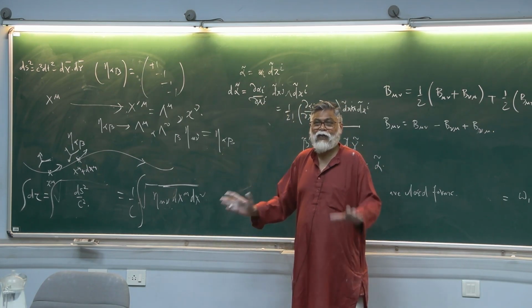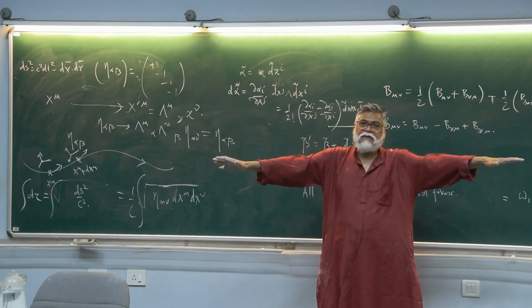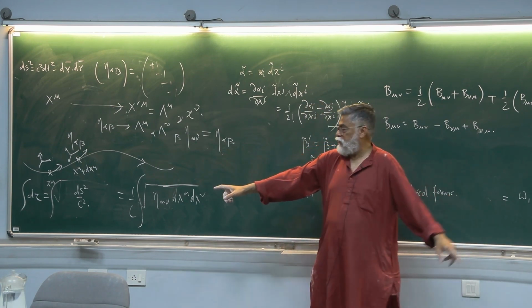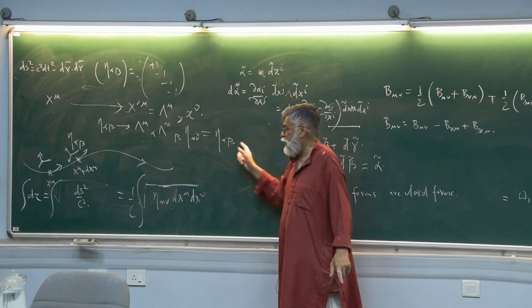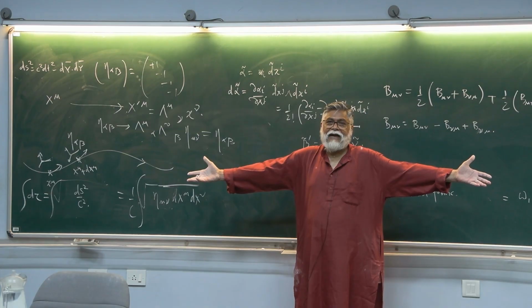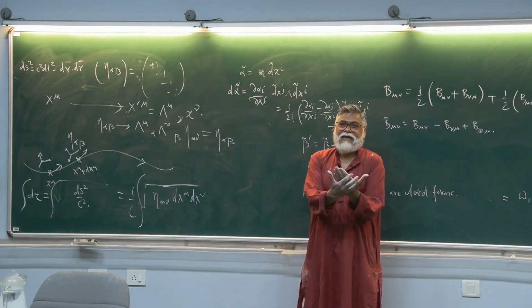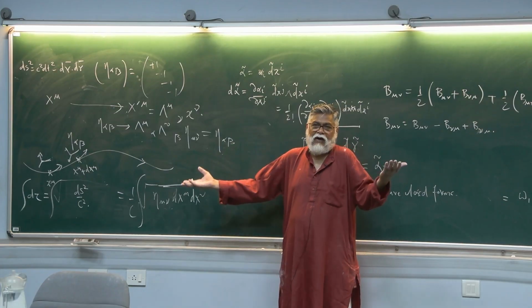This way of realizing what the proper time is solves the twin paradox. You can prove that if this goes around and comes back, the total time will be less than that of a person who has stayed back. Why is it obvious?